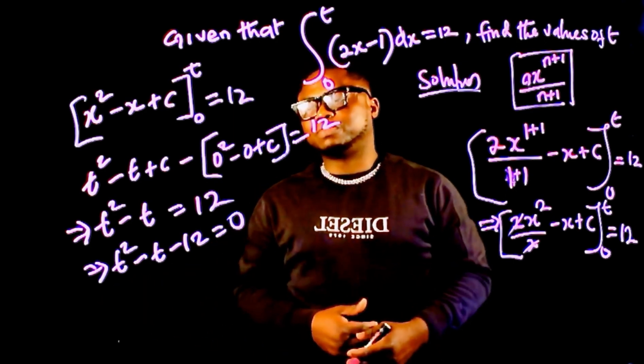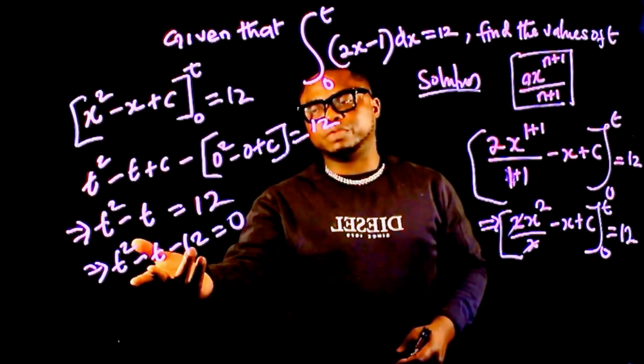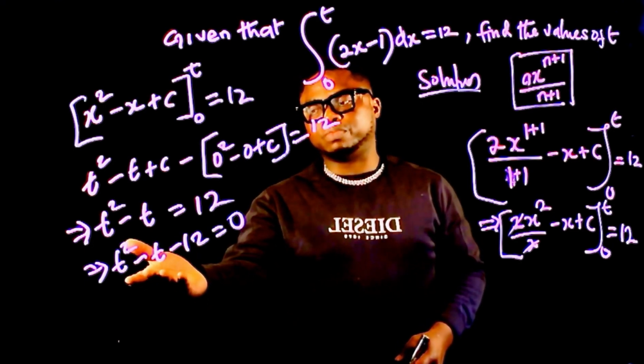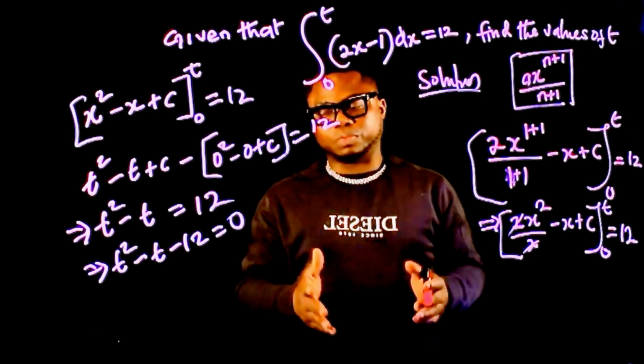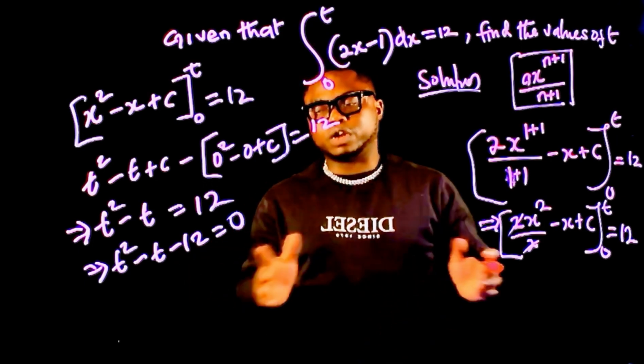To use the factorization method, I'm going to look for two numbers that will give me the middle number, which is -1, when I add them, and will give me -12 when I multiply them.